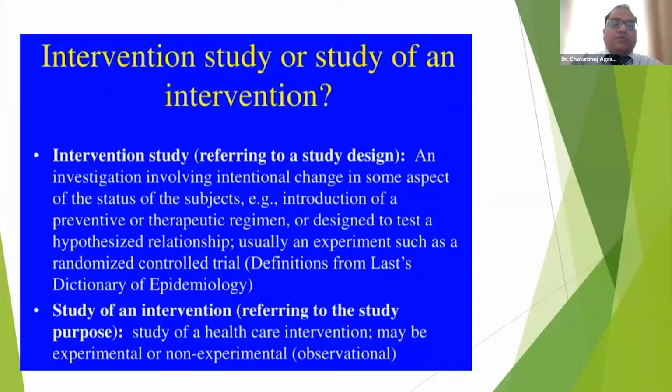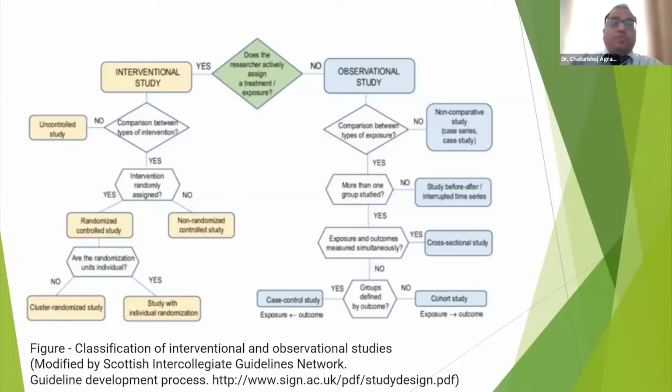This type of intervention refers to a study design, while study of an intervention refers to the study purpose, where the study of a healthcare intervention may be experimental or observational. So broadly speaking, how do we divide this? This slide is to make the concepts clear: observational and interventional studies are two separate arms.